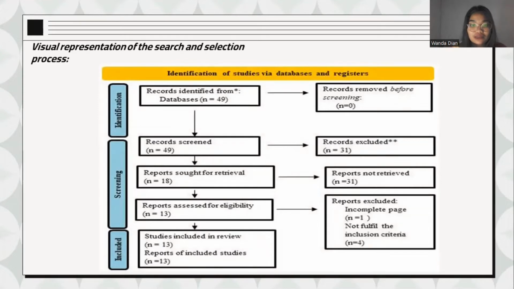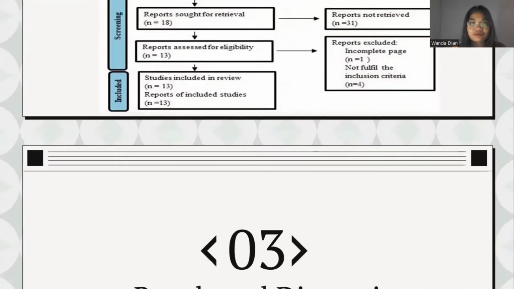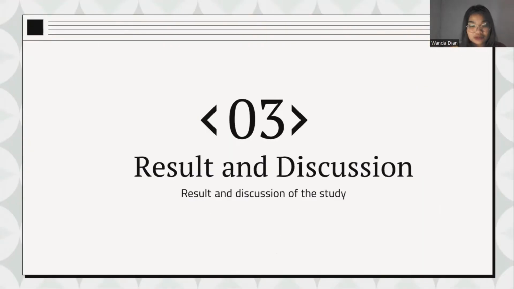From that screening process, I got 18 articles, and after that I did the second screening process for eligibility, and in the end, I got 13 articles to be reviewed in this study. And now let's move to the result and the discussion part.